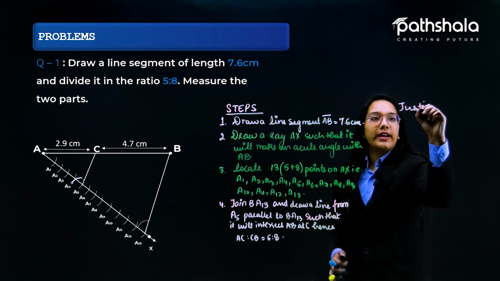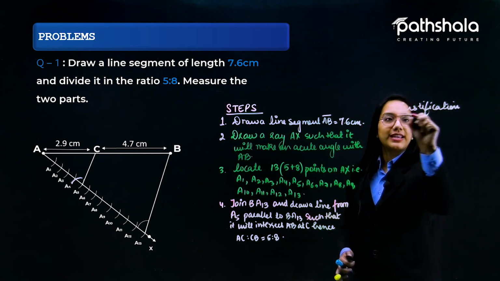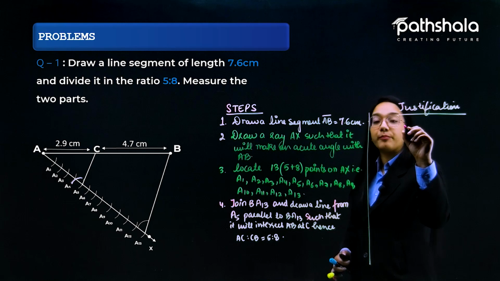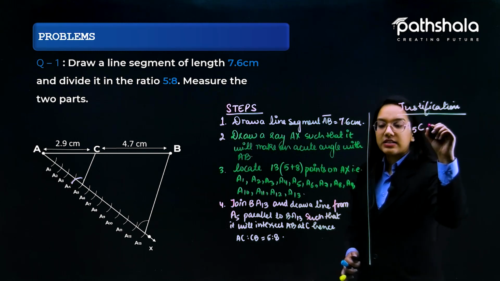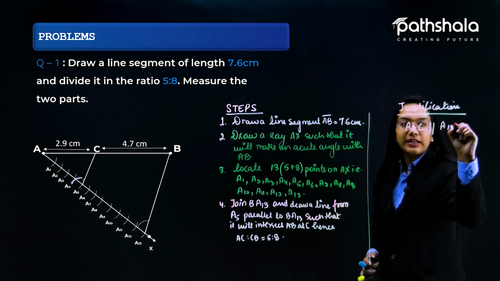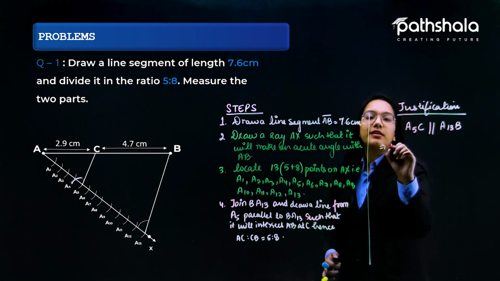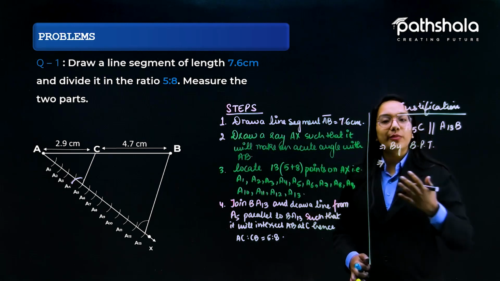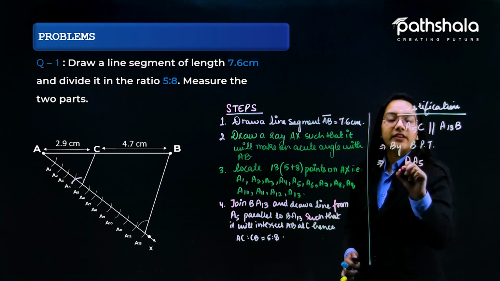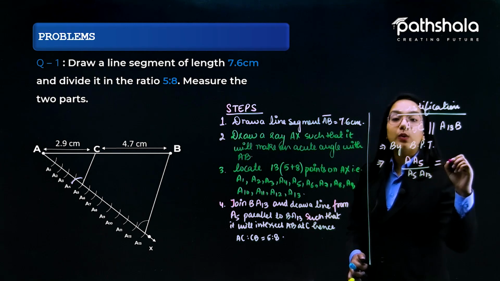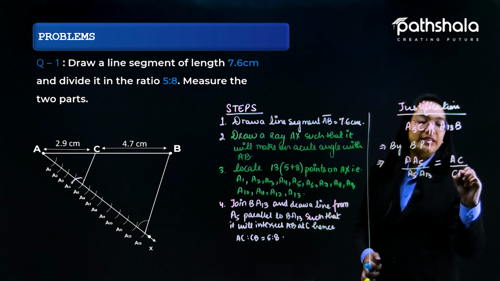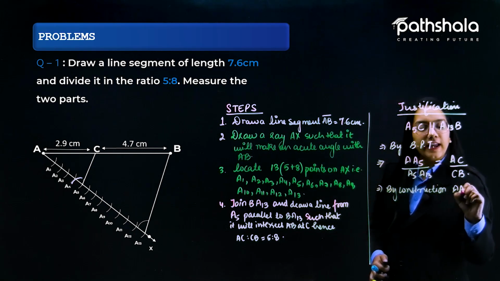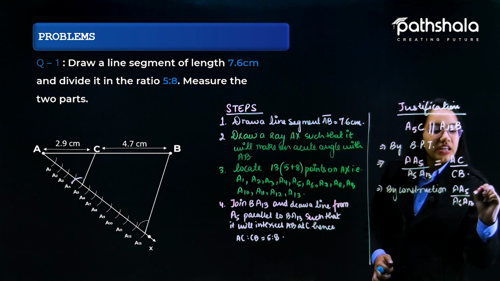A5C is parallel to A13B, so by the basic proportionality theorem, their ratios are equal. So AA5 divided by A5A13 equals AC by CB, and by construction AA5 by A5A13 is 5/8.